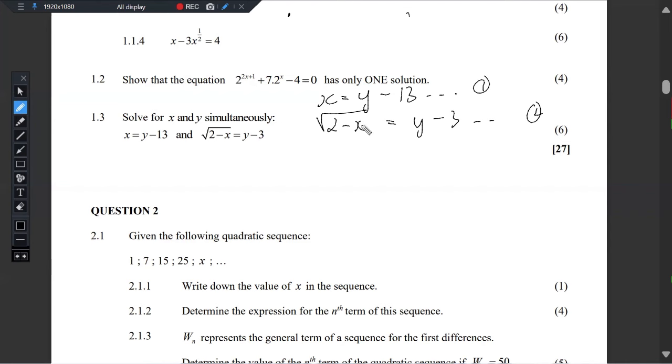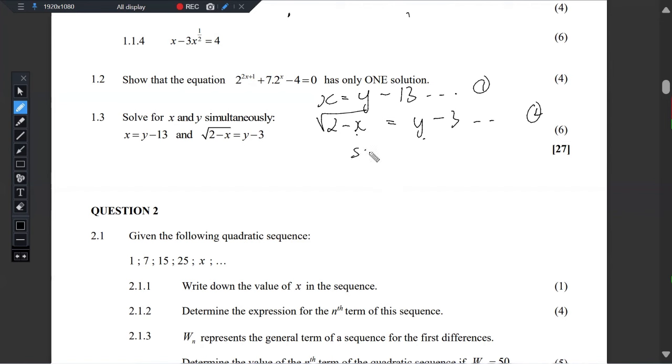So now that we already have an expression for x, we can take equation number 1 and use it to replace x here, so that now we are only dealing with y.